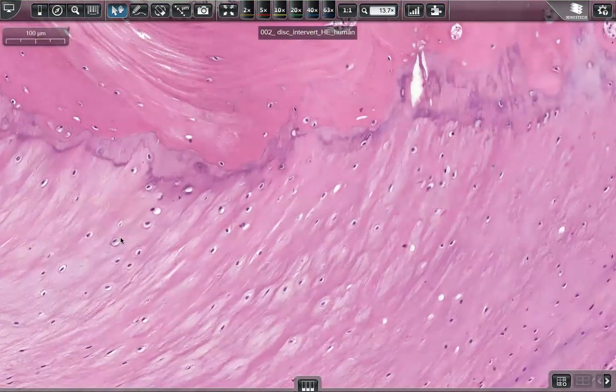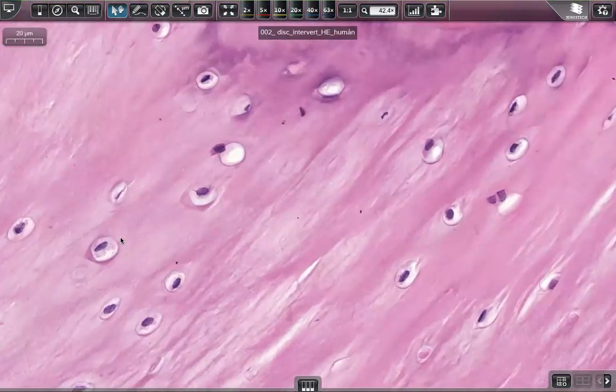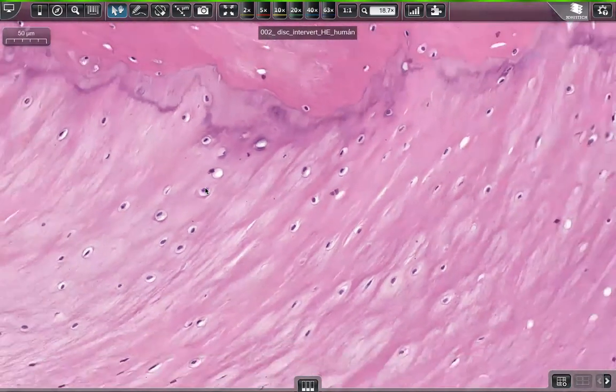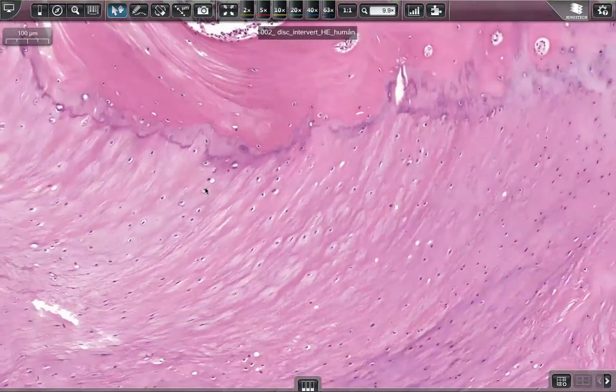But look at this. It's different, just the color, but here they are chondrocytes in their lacunae. By the way, it's a specific cartilage related to the intervertebral disc.